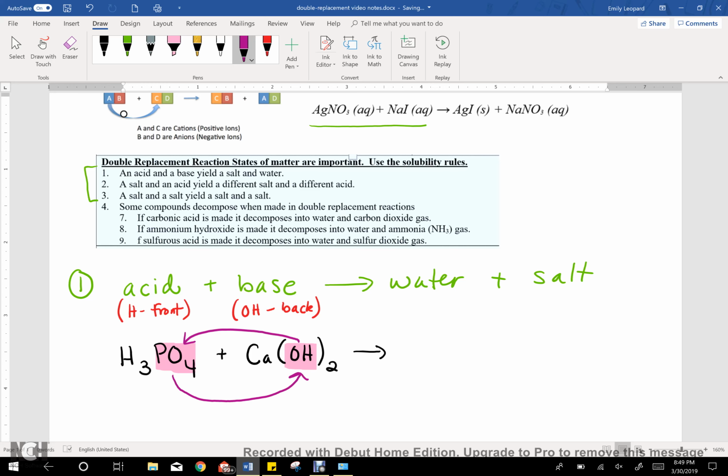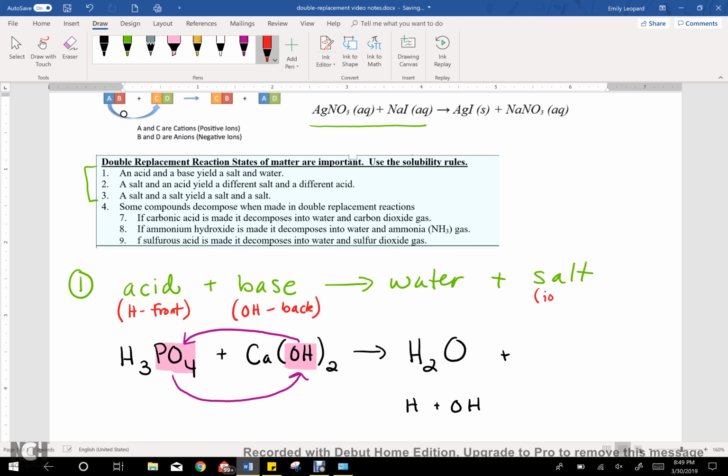By doing so, we're going to get 2 new compounds. Now, instead of phosphate, we've got hydrogen and OH, and according to our rules, that combines to form water. So we'll just write in the formula for water, H2O, okay? Then our rule tells us that the second product we should form is a salt.